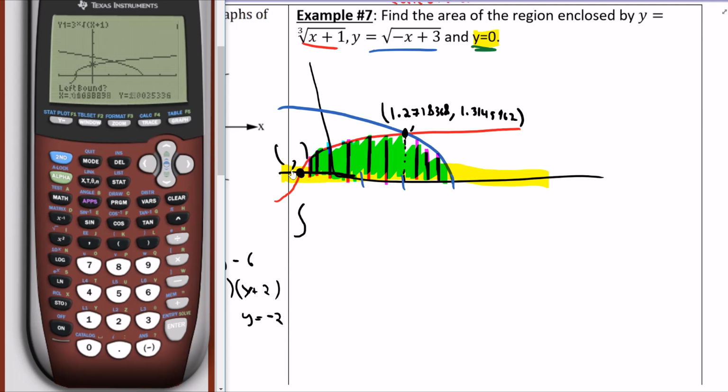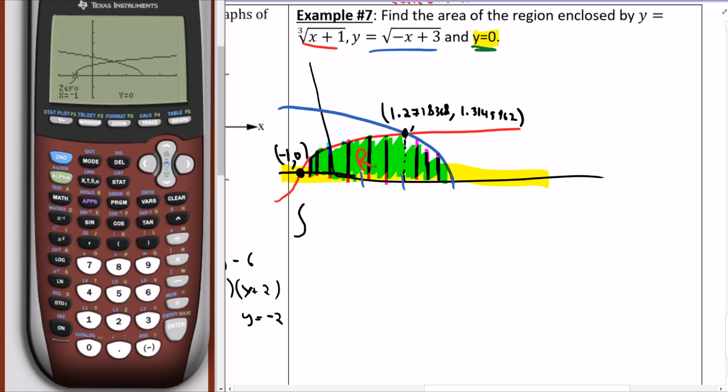It's going to ask for the left bound, so we go to the left of the 0 we're trying to find. Right bound, go to the right of the 0. Guess, we get close, and it's at -1. Okay, so that's good. It's at -1, 0. So to find region 1, I'm going to write this in.